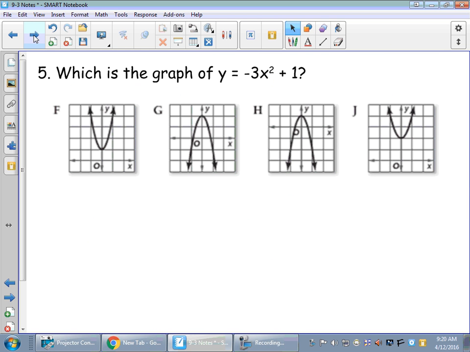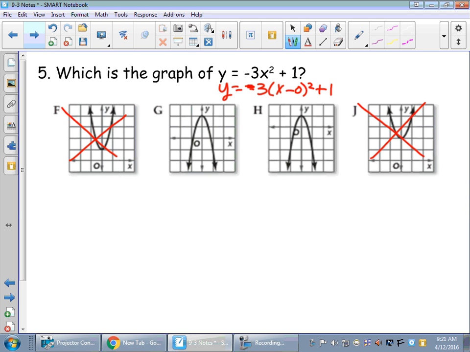Number 5, it says, which is the graph of y equals negative 3x squared plus 1. So I'm just going to expand that really quick. Negative 3 times x minus 0 squared plus 1. The negative 3 tells me we're going to have a reflection. So right now I know that f is out and I know that j is out.